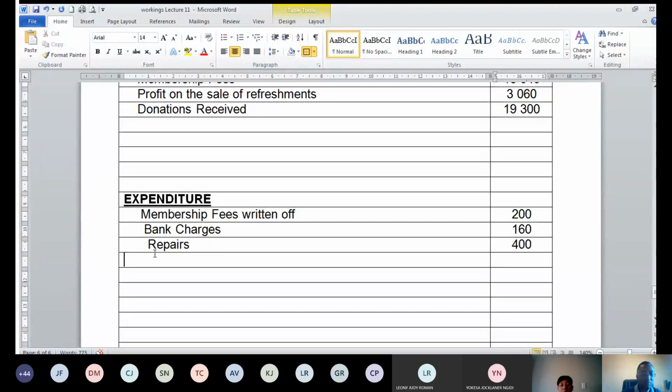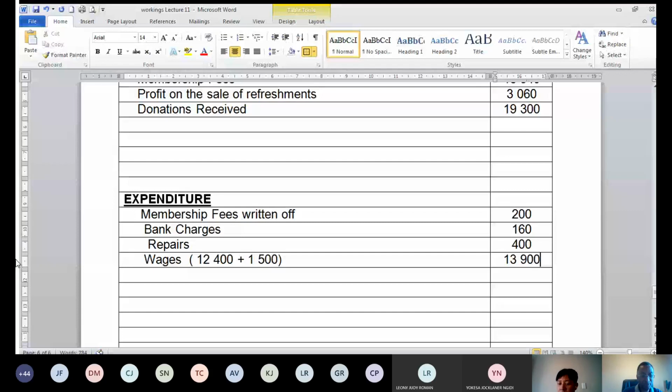Next item there is the amount of wages. Remember wages, there was an adjustment. 12,400 was paid during the course of the year, but in one of our adjustments, you'll recall that there was an amount of 1,500 Rand that was not paid for wages, and our wages amount must now reflect 13,900, an expense of 13,900.